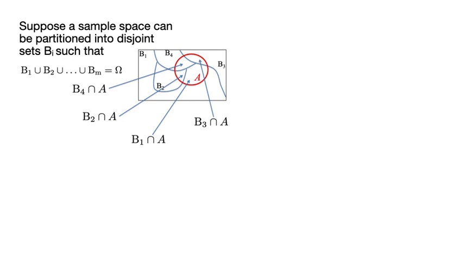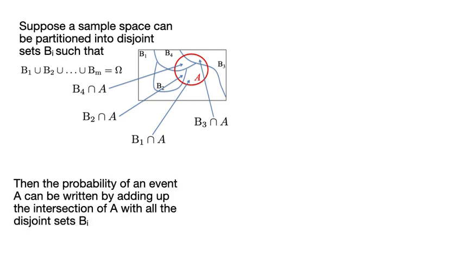This point right here is the intersection of A and B4. And this chunk over here, this is the intersection of A and B3. And here's the intersection of A and B1. So we can reconstruct A by just adding up all the intersections of A with these disjoint sets.